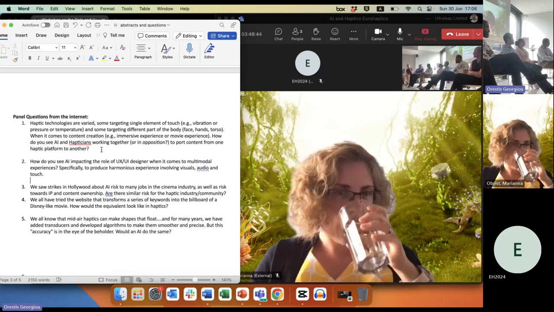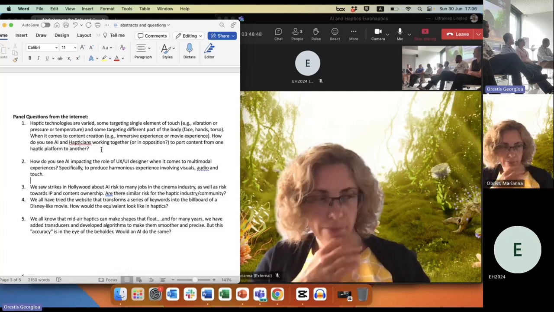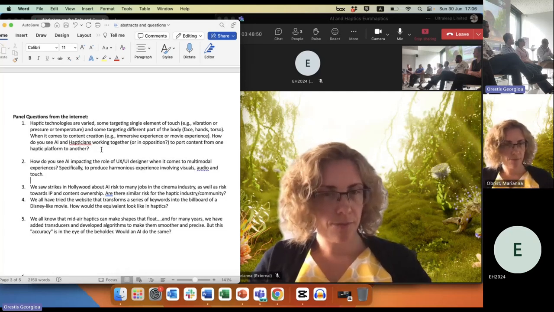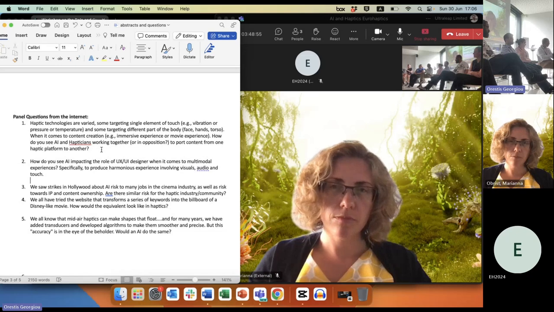So I think there's a really important neuroscientific element to this question about the generalization of experiences across different devices and across different platforms, which is that it really helps to understand the receptor physiology. Different parts of the skin have different numbers of receptors distributed in different ways.